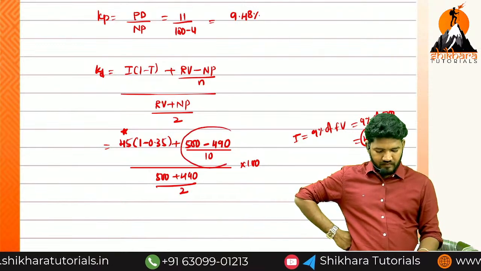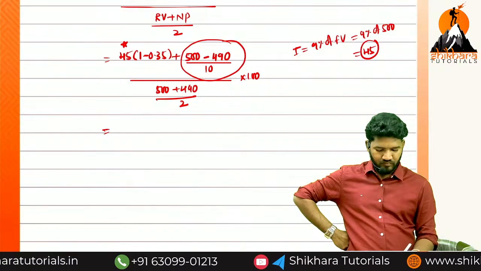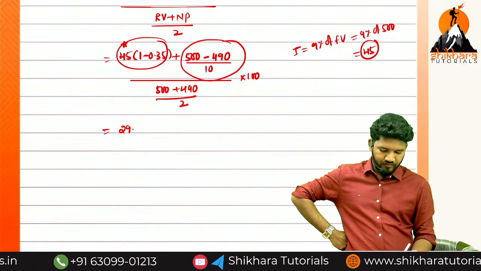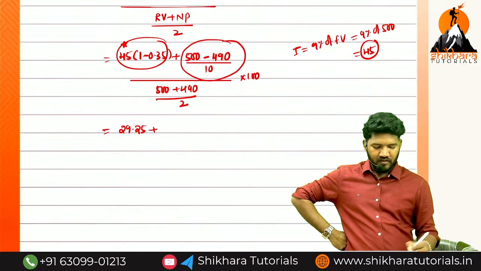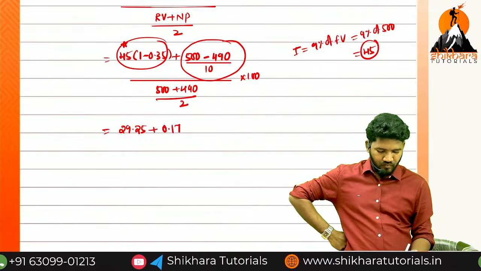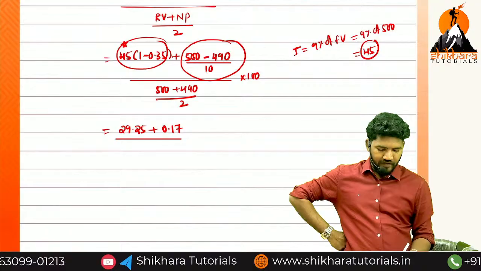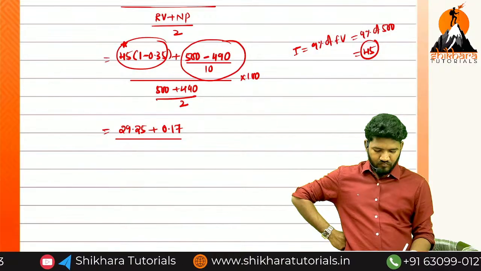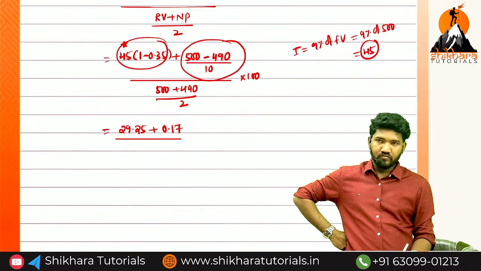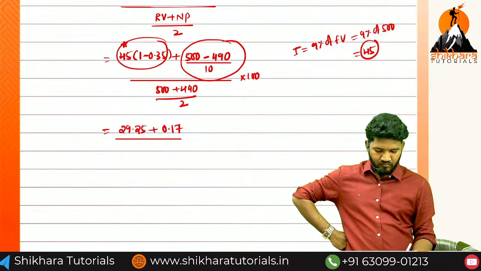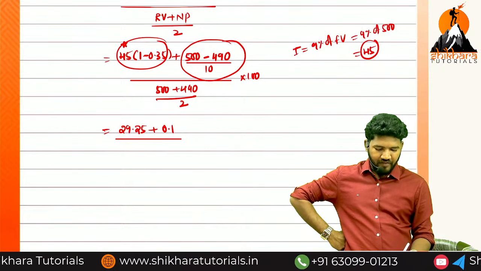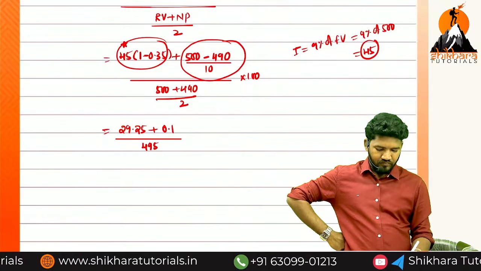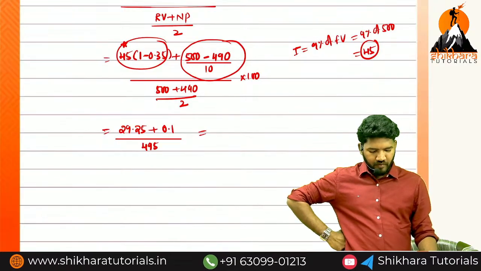What about this answer? 45 into 0.65, how much? 29.25 plus, what about this 0.1, divided by the average? 29.25 plus 0.1 divided by 495 into 100.